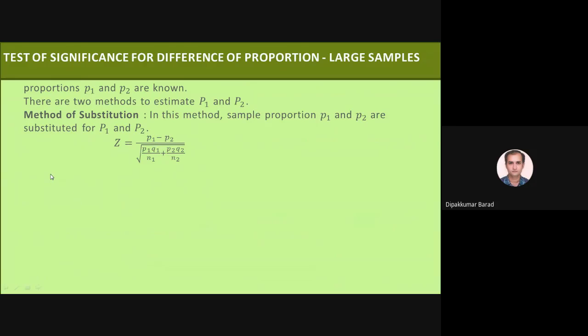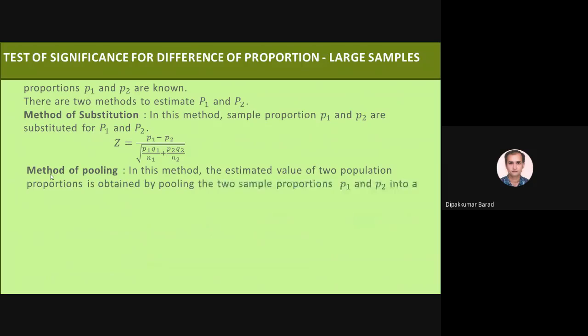You use it whenever you are not given the population proportions capital P1 and P2, but you are given sample proportions small p1 and small p2 for two different populations. Now the other method is the method of pooling. In the method of pooling, the estimate of the two proportions is obtained by pooling the two sample proportions p1 and p2 into a single proportion small p.